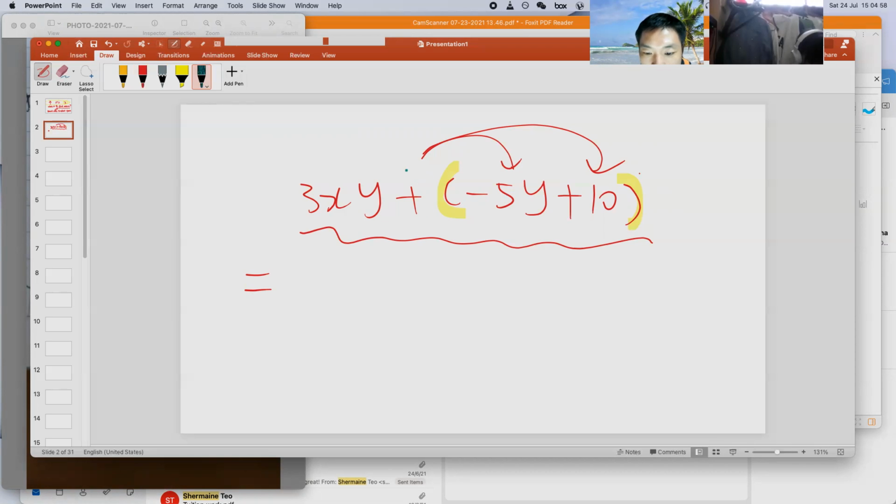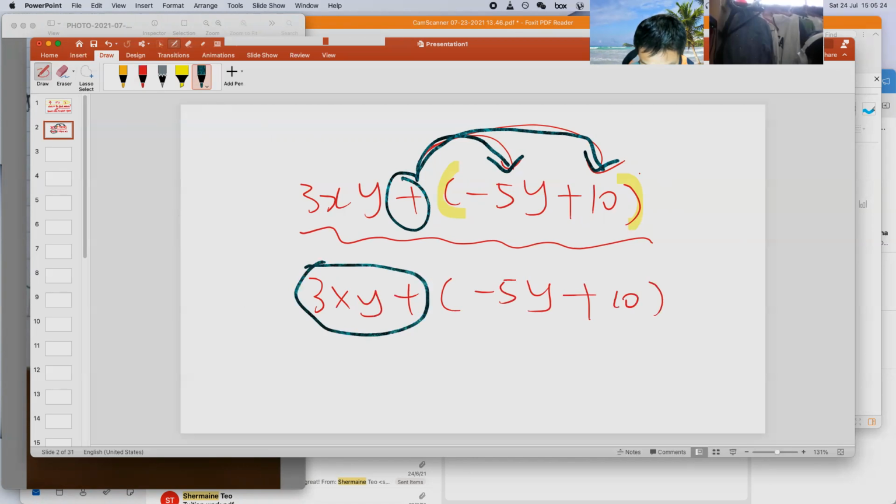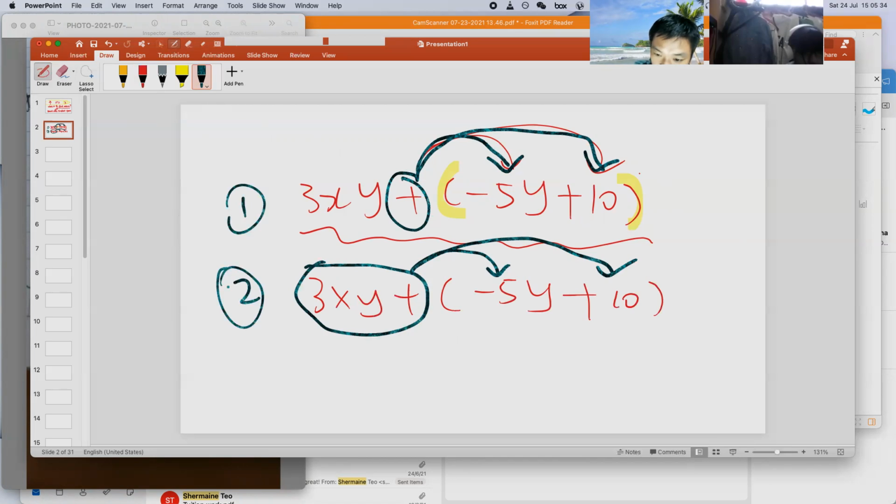Do you think you should just pick the plus and go into the first arrow and then use the plus, go to the second arrow, or you take the 3xy plus, you get first arrow, second arrow. So which one is correct when you open the bracket?